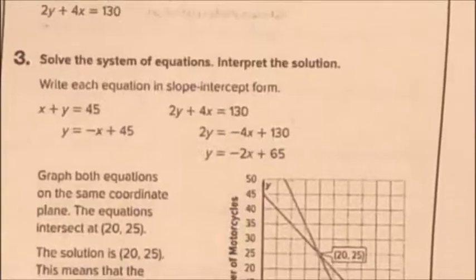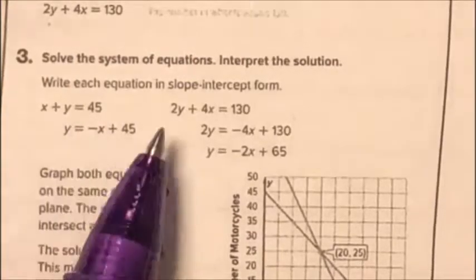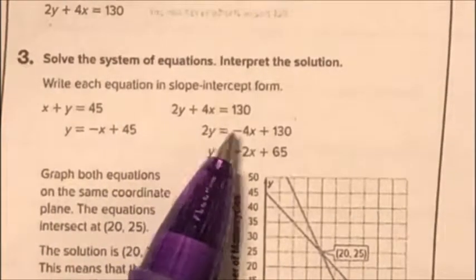For example number 3, it says solve the system of equations, interpret the solution. So I'm going to write each equation in slope-intercept form. The 2 equations they give me are x plus y equals 45, and 2y plus 4x equals 130.